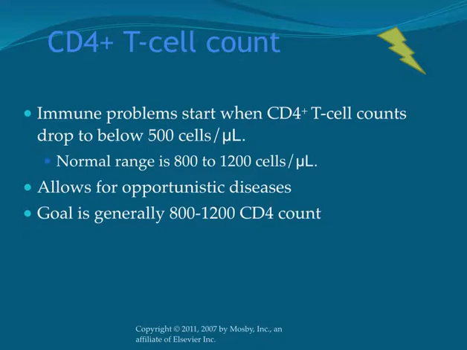And then severe problems begin to develop below a 200 CD4 T cell count. And remember that opportunistic diseases are the main cause of disease, disability, and death in HIV infected patients.